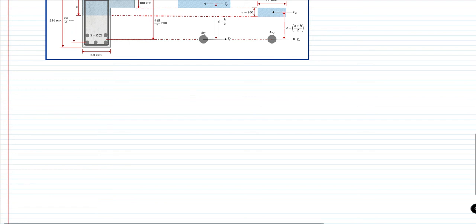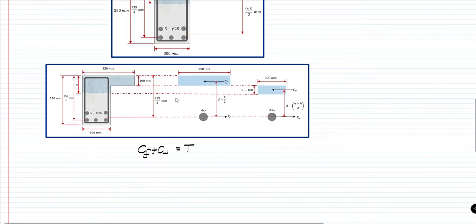So, we have here Cf plus Cw is equal to the T. So, the Cf is etong part na to coming from the first diagram. So, that will be yung stress, which is 0.85 f'c times the area (b minus bw) hf. Then, plus our Cw will be 0.85 f'c bw times (a minus hf) is equal to AsFy.